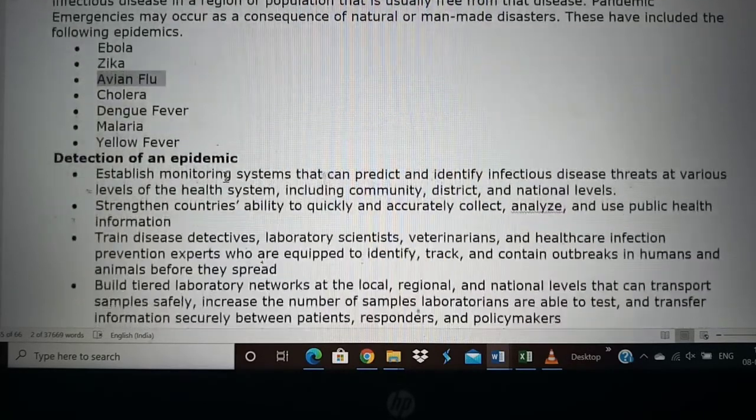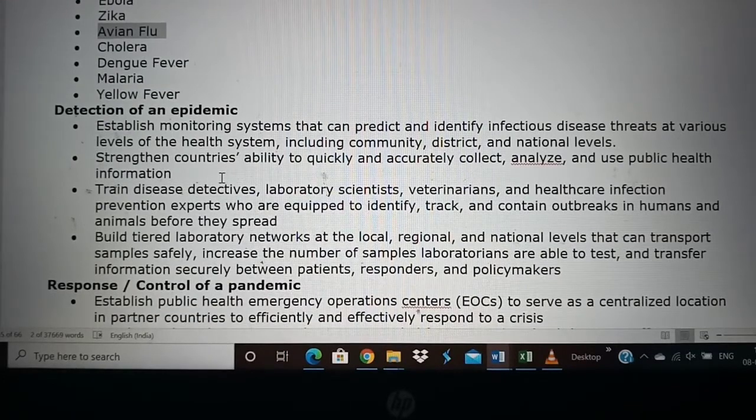So let us see what is the role of each country in detecting an epidemic or a pandemic. First thing is the country has to establish monitoring systems. So public health, you already studied about public health, the government health system. So every government hospital as well as private hospitals should have a system where unique cases, or if there is a sudden increase in cases, they have to inform the government about it.